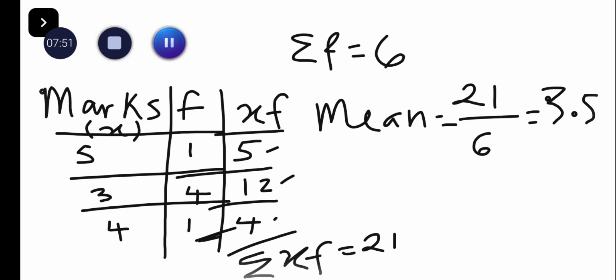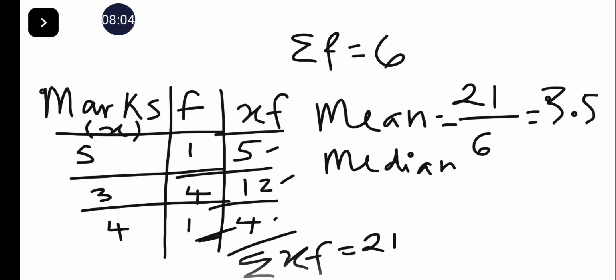Now, the median. To calculate the median, the sum of frequency there is 6. And from here we check, is this 6 an odd number or even number? It is an even number. So the median position, this sum of frequency is also what we call n.